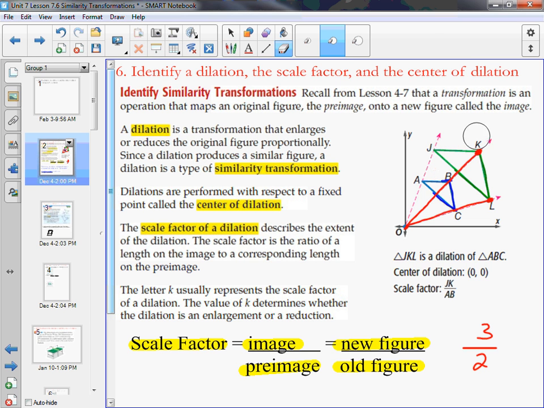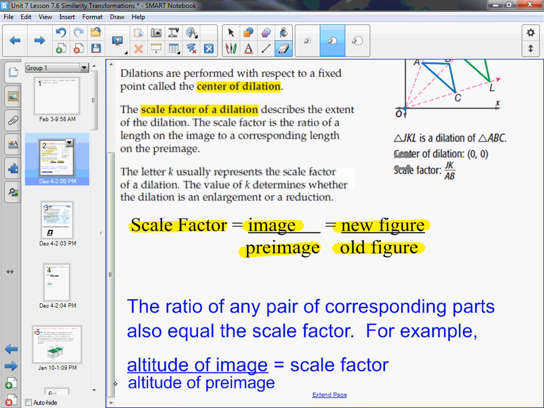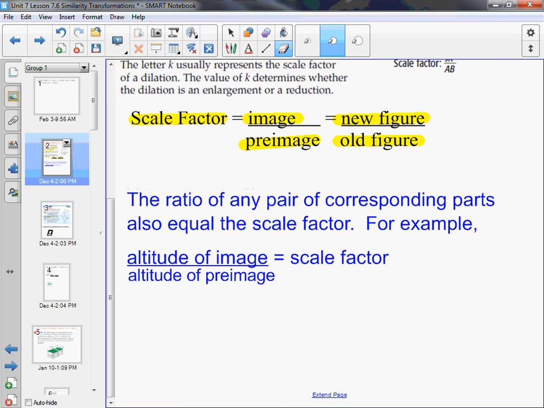Okay. Now, something you need to know that's not in this section: whenever you have similar figures, the ratio of any pair of corresponding parts also equals the scale factor. So if we have two triangles that we know are similar, and we're making a ratio out of their altitudes, the ratio of the altitudes also equals the scale factor.